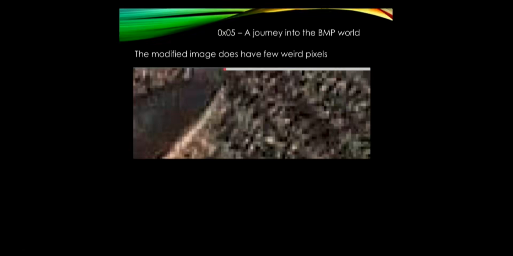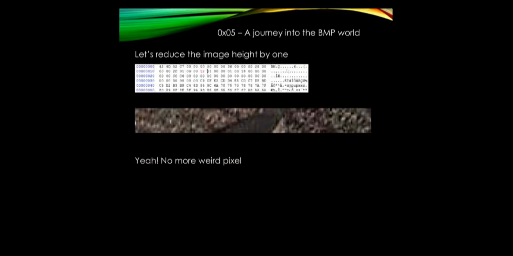But don't get me wrong, if you look at the image at full size, it's not that big. But even that, I wanted to make sure that this line got removed. So I just took a look at the format of the bitmap header and managed to edit the size a little bit. I just reduced the height by 1.